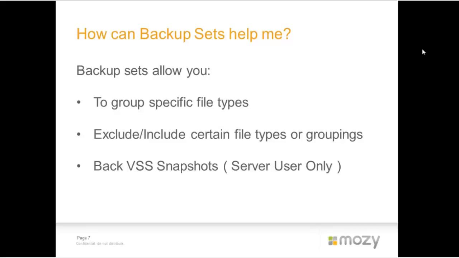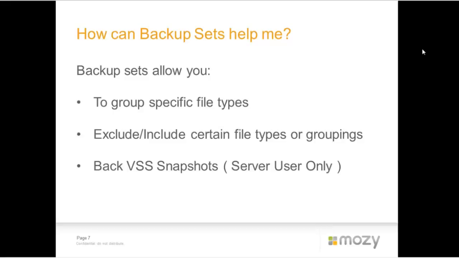It also allows you to include and exclude certain types of files or particular locations. We'll look in a second at how to exclude files, because that can be a bit tricky on Windows machines.